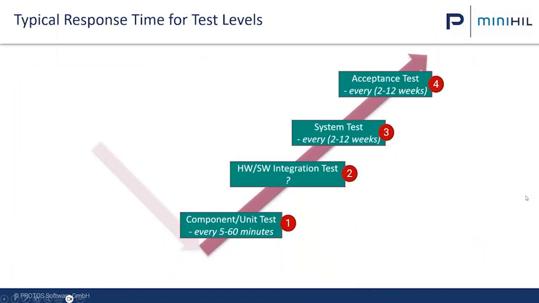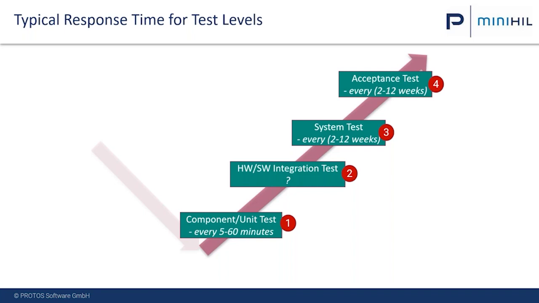Let's have a closer look at this now. So what are the typical response times for those test levels? With a component test, a unit test, usually you have a response time within minutes. So after every change, you press the button in your IDE and you run the unit test, or the continuous integration runs the unit test. That's really fast.